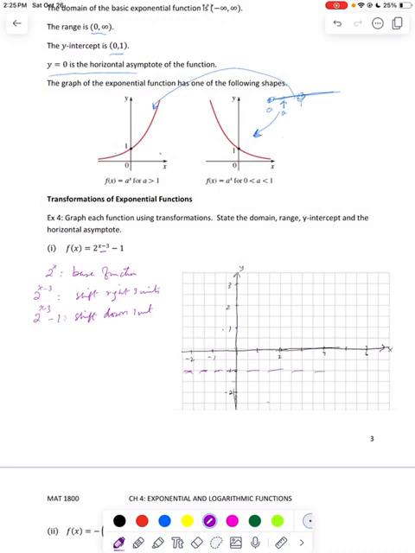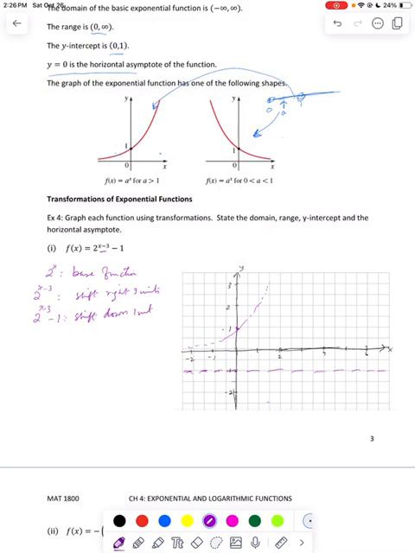Okay. Now our original graph would look something like this. It will pass through here. At 1, it will be 2, something like that. Then we shift it right 3 units.